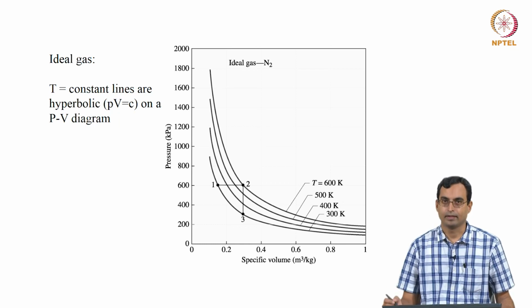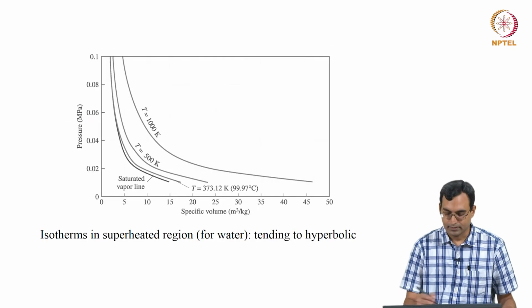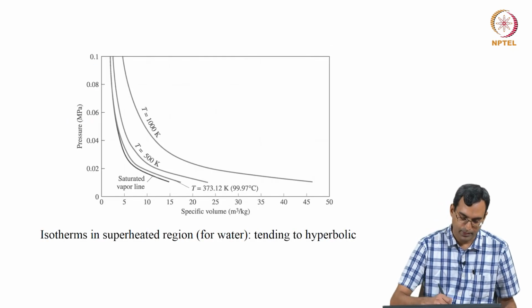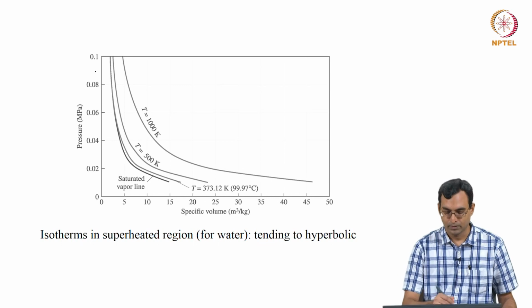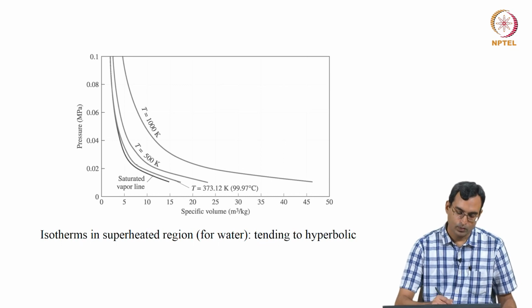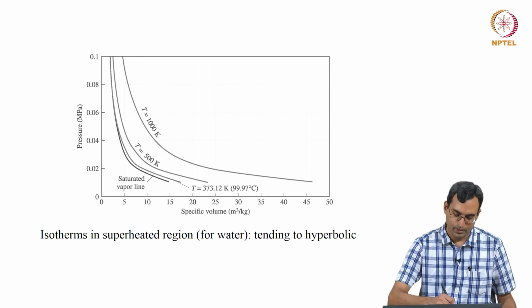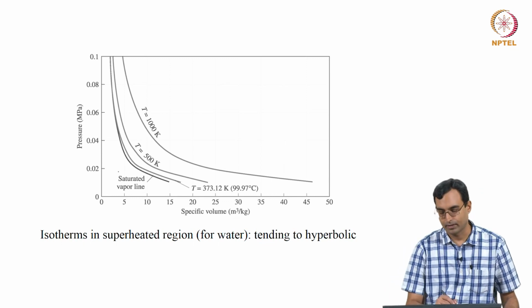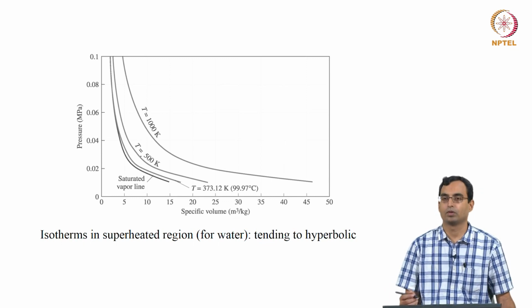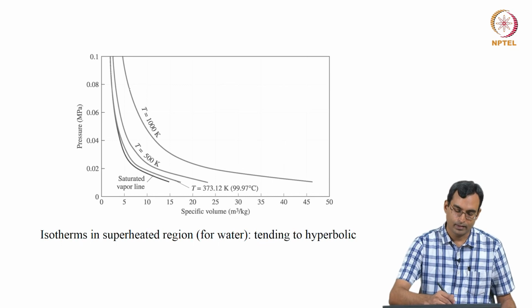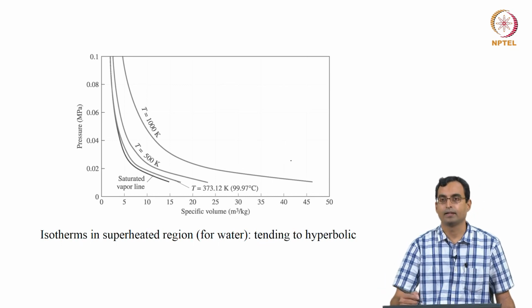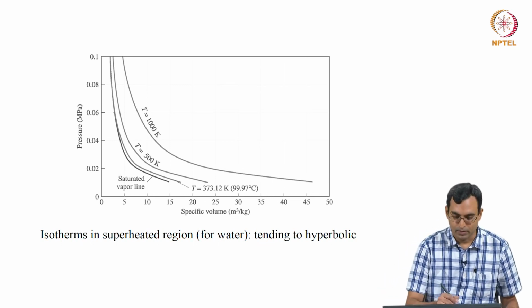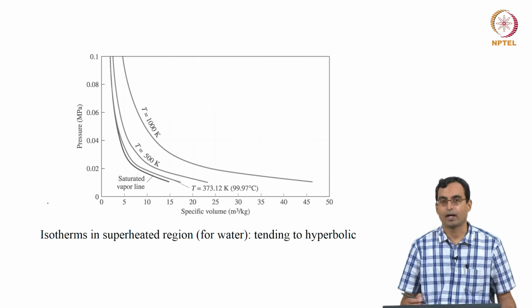We discussed this earlier. So, if you look at the saturated vapor line, which is the right hand side of the dome, it looks like this. When you are very close to it, these curves are definitely not hyperbolic, but as you go far away from it, which is to say that you go to higher temperatures, the curves start to look hyperbolic and then you get ideal gases. So, this would essentially be the remaining part of the dome here.